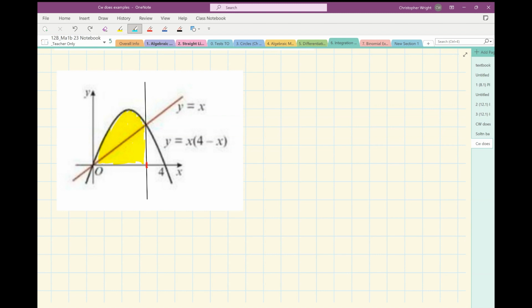All right. So we need to first of all find the whole of that yellow region. So what we need to know is what the value of x is here. So I'm going to take y equals x and also y equals x lots of 4 minus x and solve them simultaneously to find the x coordinate at that crossing point. So x will be x lots of 4 minus x.